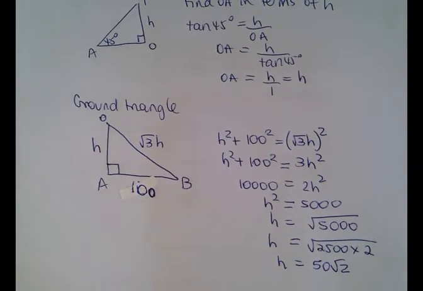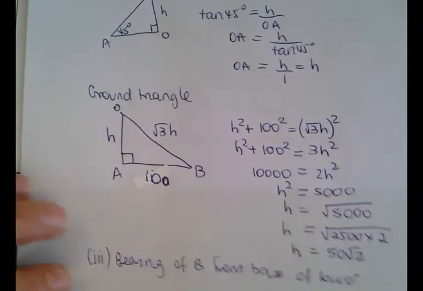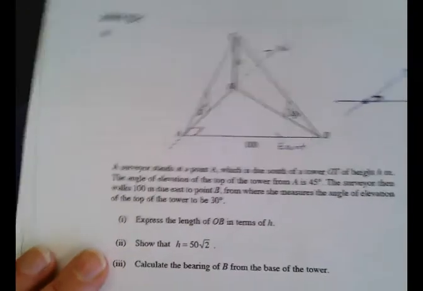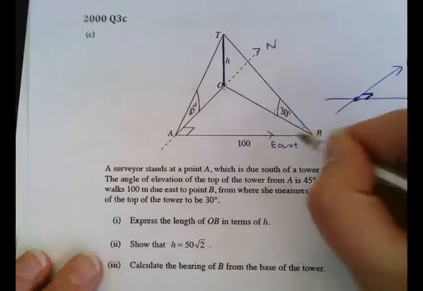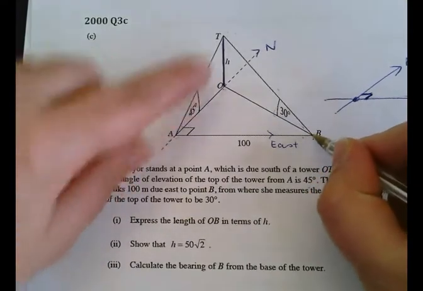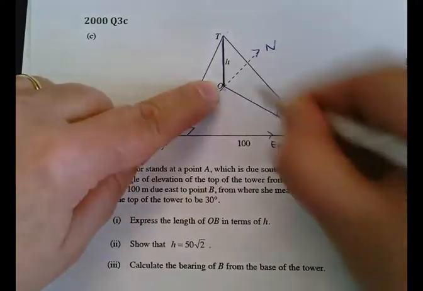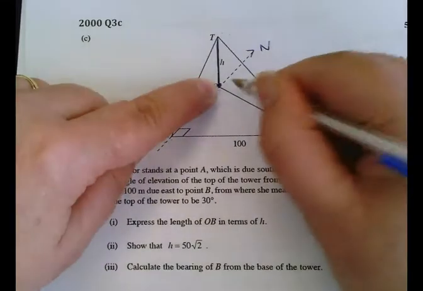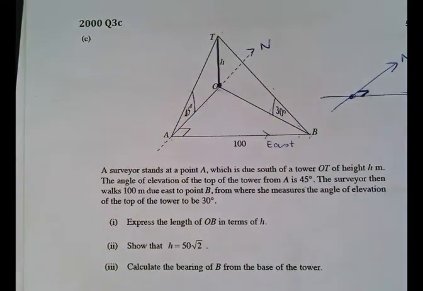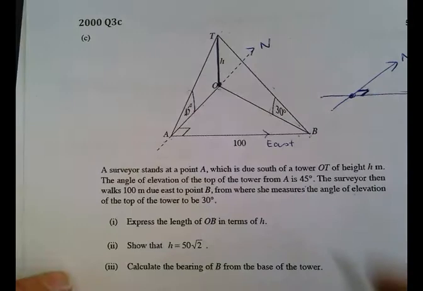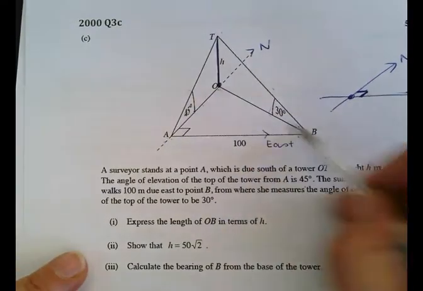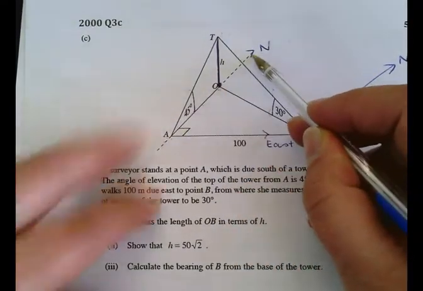Okay? The last part is to calculate the bearing of B from the base of the tower. The bearing of B, the direction of B from the base of the tower. Those bearings are measured on the ground. Now, tricky here. Can you see that this is AOB? I've got a right angle here. This is north, right?